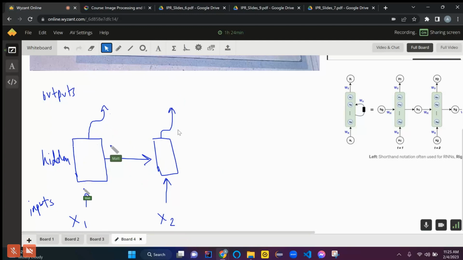Well, wait a minute, let me think about this. There's so much that's a little bit vague here. Let me finish writing these in. Let me think about this a little bit more.